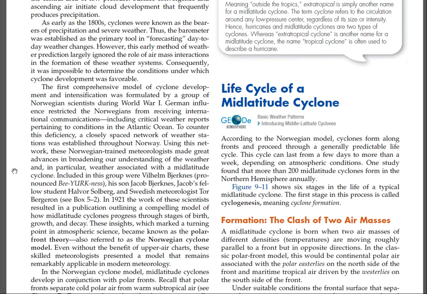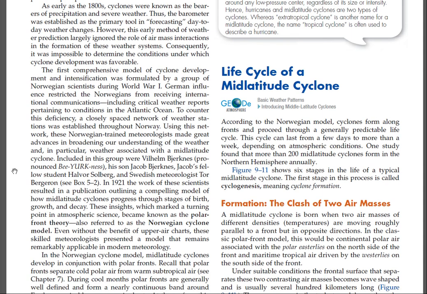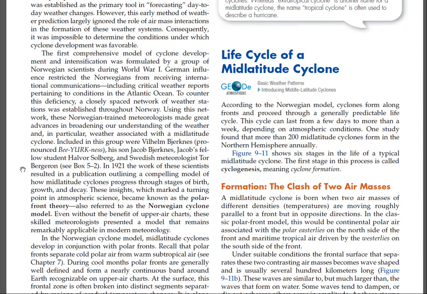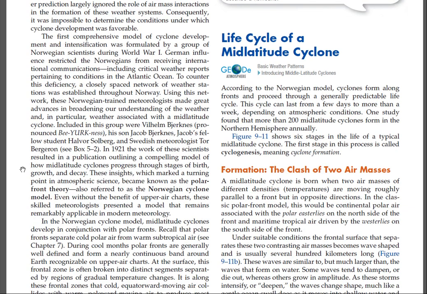Included in this group were Wilhelm Bjerknes, pronounced Byerknes, his son Jacob Bjerknes, Jacob's fellow student Halvor Solberg, and Swedish meteorologist Tor Bergeron, see box 5.2. In 1921 the work of these scientists resulted in a publication outlining a compelling model of how midlatitude cyclones progress through stages of birth, growth, and decay.